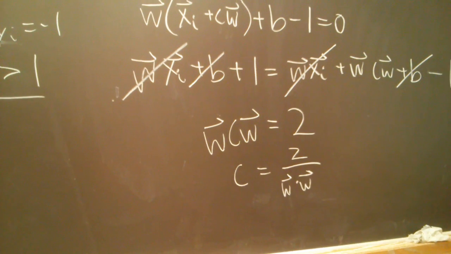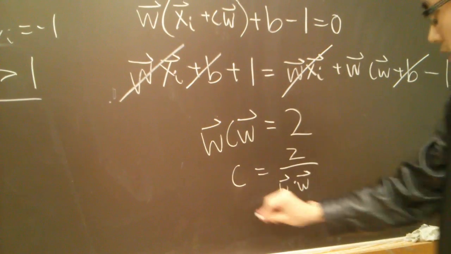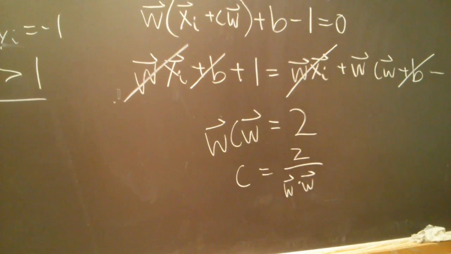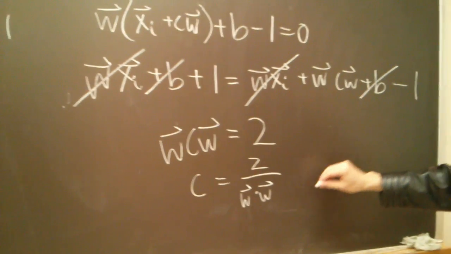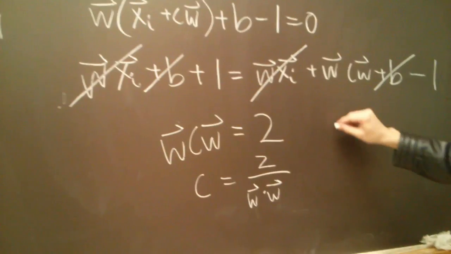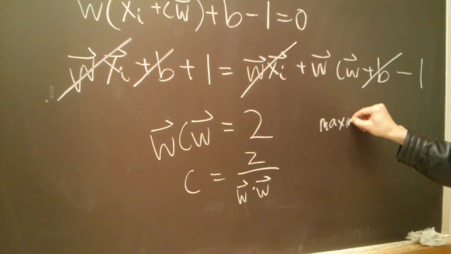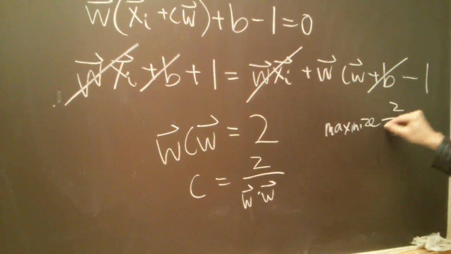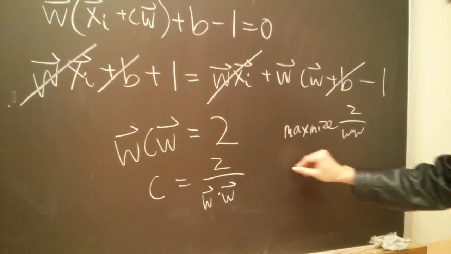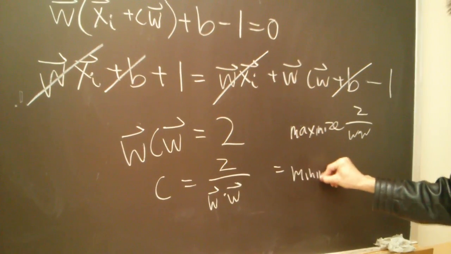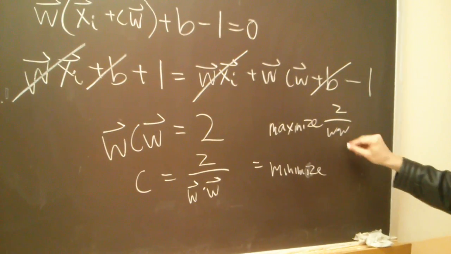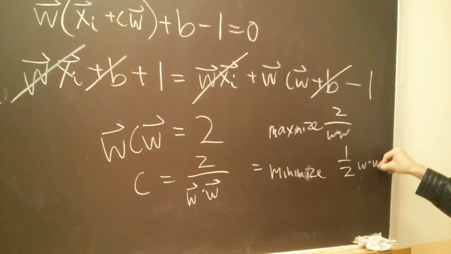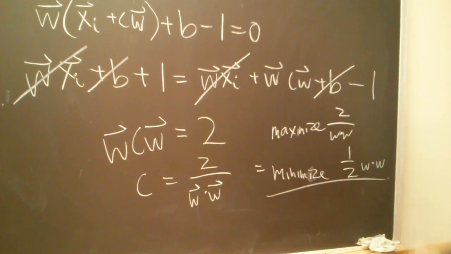Okay, so that's what we end up with. This is the margin, and we're going to want to maximize this. So note that maximizing 2 over w·w is going to be equal to minimizing its reciprocal, right? So this is the same thing as minimizing this. So this is going to be our goal here, and this is going to be our constraint.